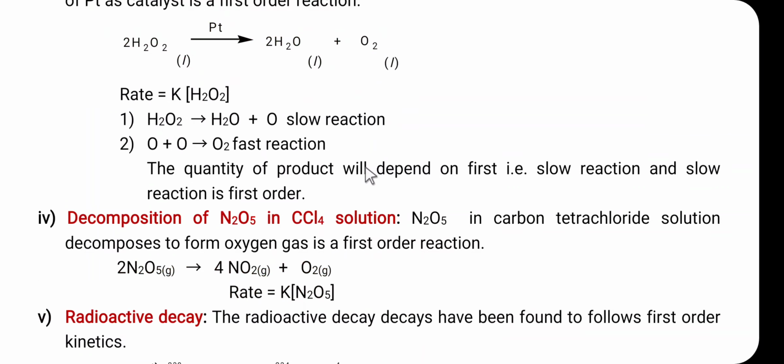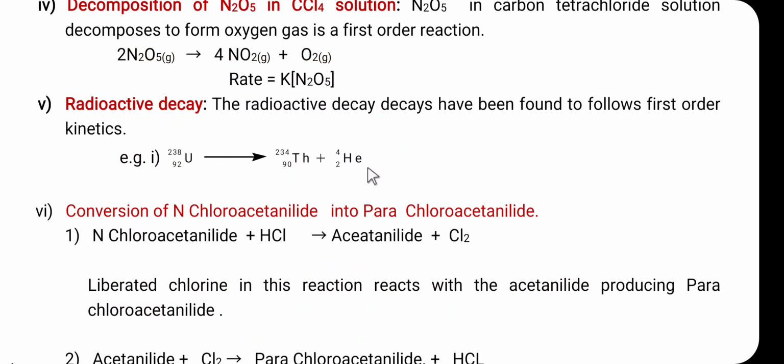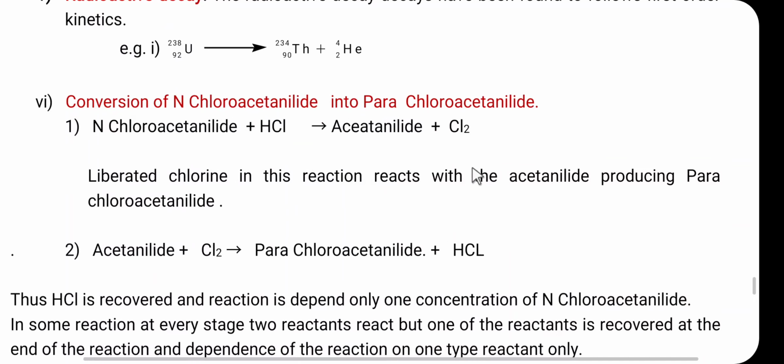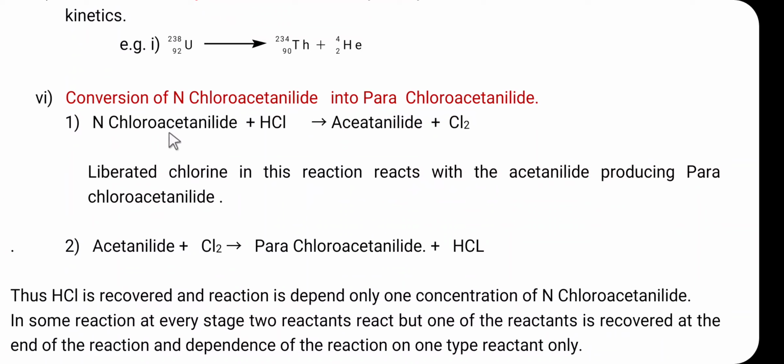And here is the third reason for the pseudo behavior. To understand the third reason, let us consider the example of conversion of N-chloroacetanilide into para-chloroacetanilide. These are 2 step reactions. In the first step, N-chloroacetanilide plus HCl gives acetanilide plus chlorine.